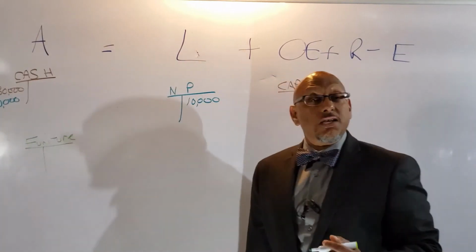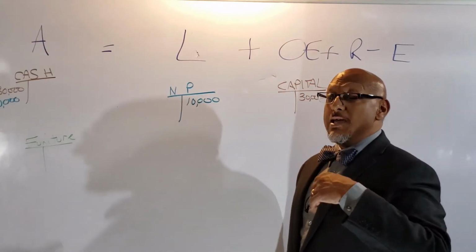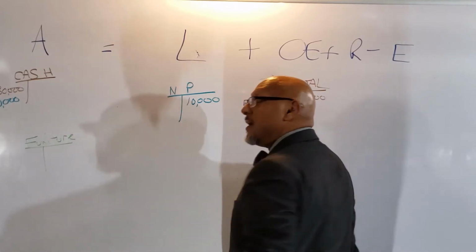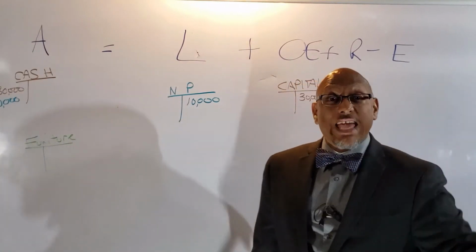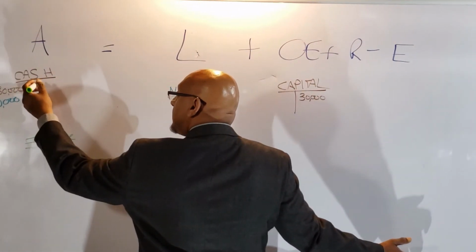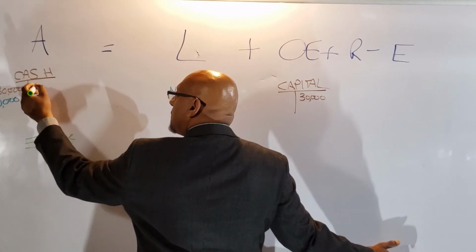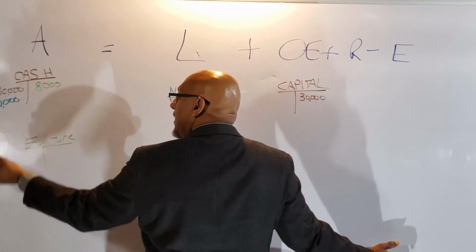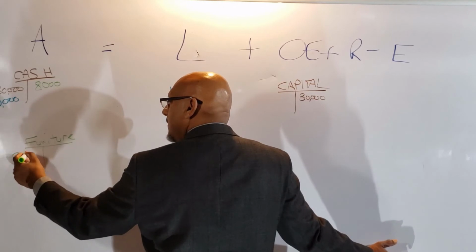Which account is increasing and which account is decreasing? Well, we bought furniture, which means we increased the furniture, but we decreased cash because we spent cash. So we have 8,000 credit to cash because we increase with debits, we decrease with credits, 8,000. And we are increasing our furniture, that's 8,000.